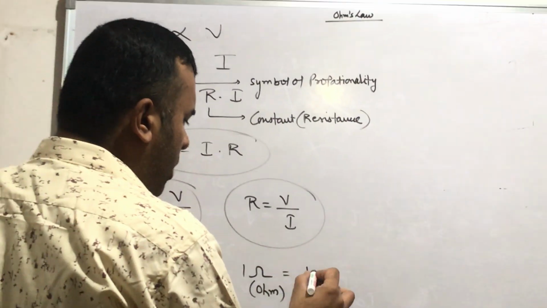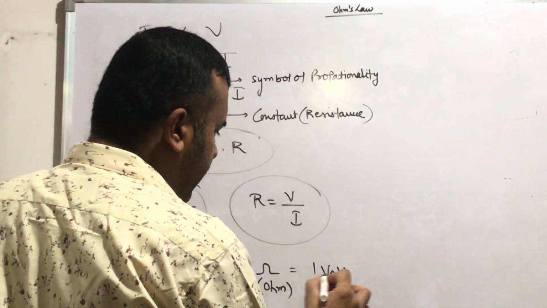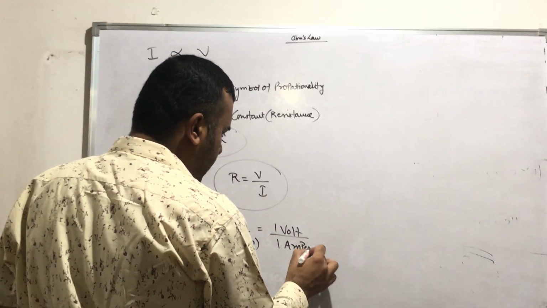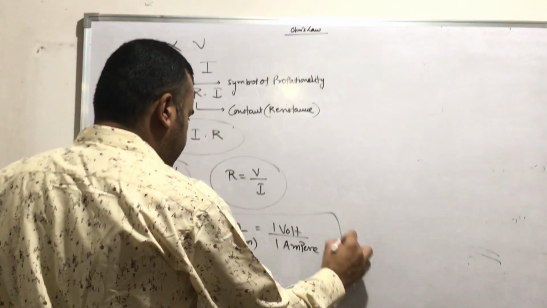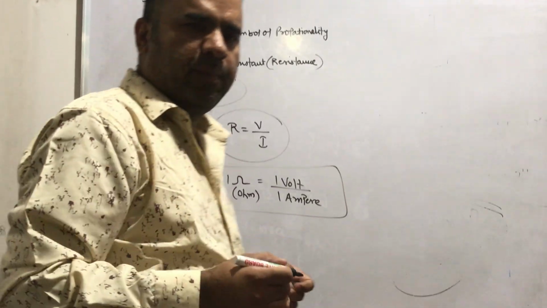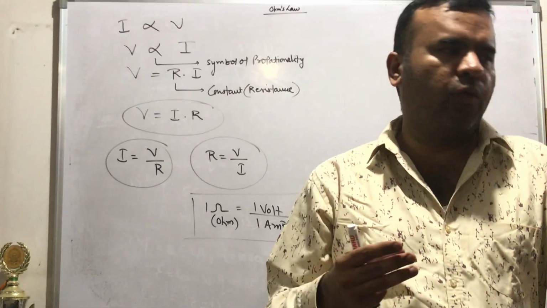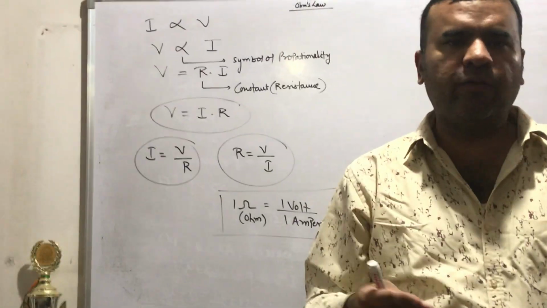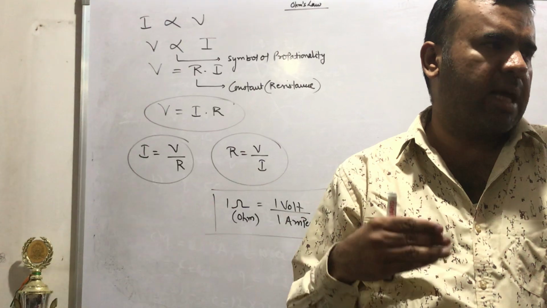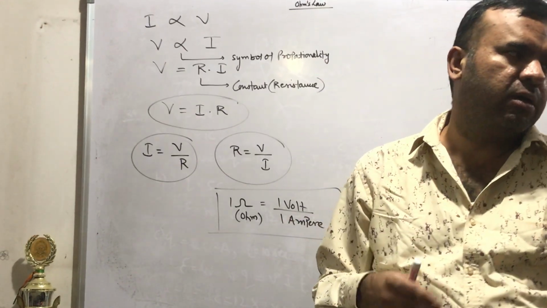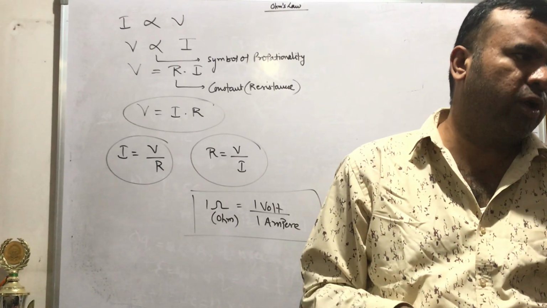So how do you define 1 ohm? It can be defined as the ratio of 1 volt and 1 ampere, right? One of the definitions of ohm is this. Another definition: if a voltage of 1 volt is applied across a conductor having a current of 1 ampere, then the resistance is said to be 1 ohm.